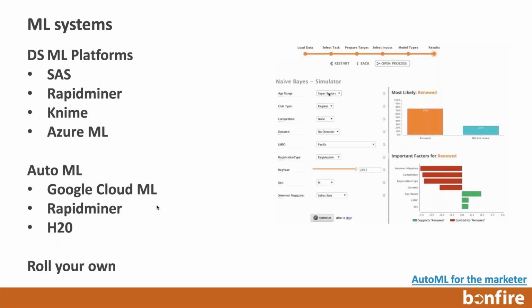So the next step for us in this process was really ML systems. So it's like, what do we use to do all this work? And there's a space that I became aware of, I don't know, 3, maybe 4 years ago, which is the data science machine learning platform space. You can see an example, a screenshot of that on the right there. I've used mostly RapidMiner and KNIME.